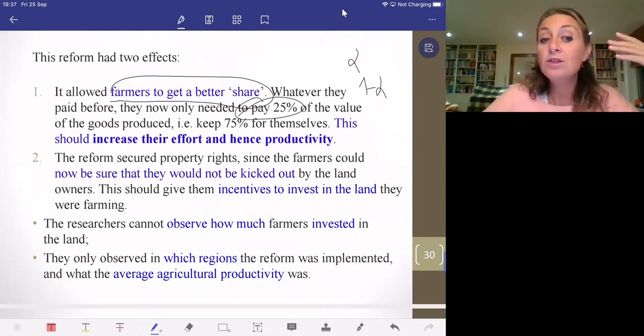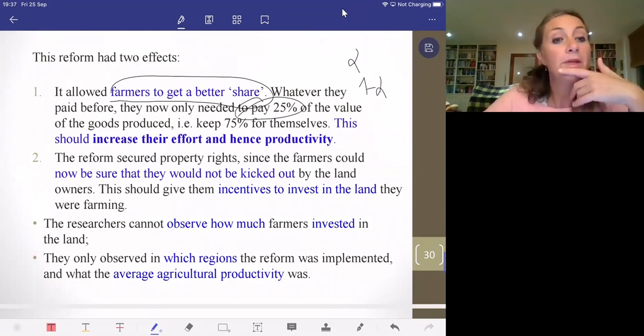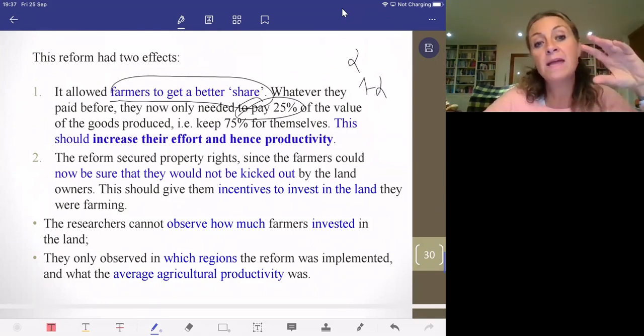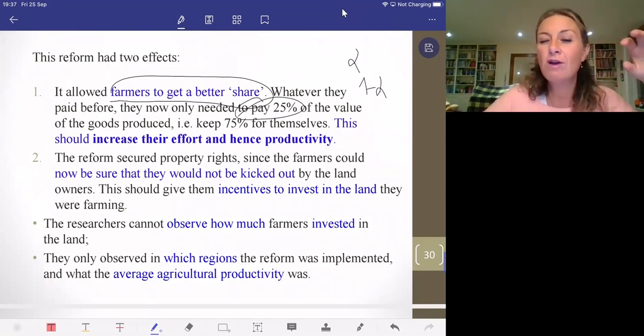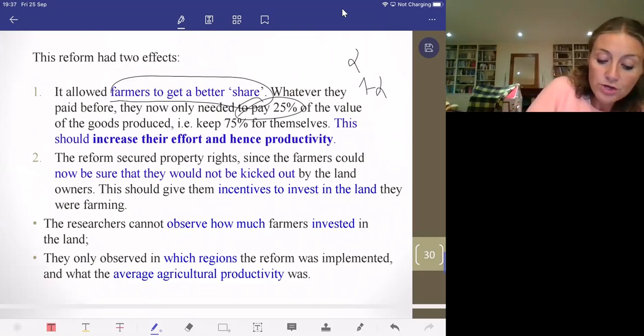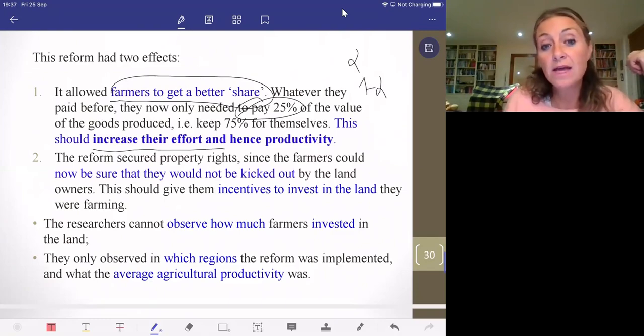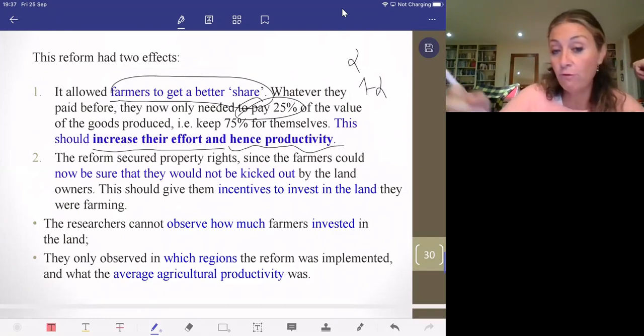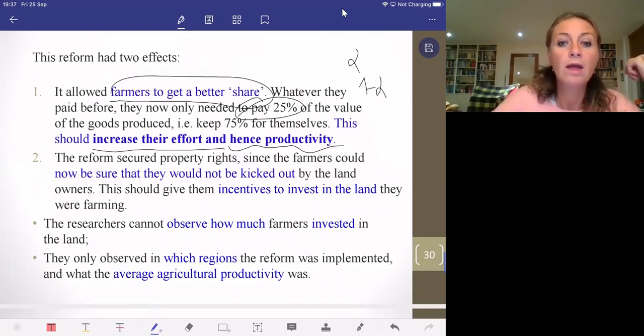So this should increase the incentive to produce more, because in some sense it makes the sharecropping more similar to a sort of fixed rent, just because the percentage that can be retained is actually much higher compared to before. So we should expect an increase in effort and therefore in productivity.